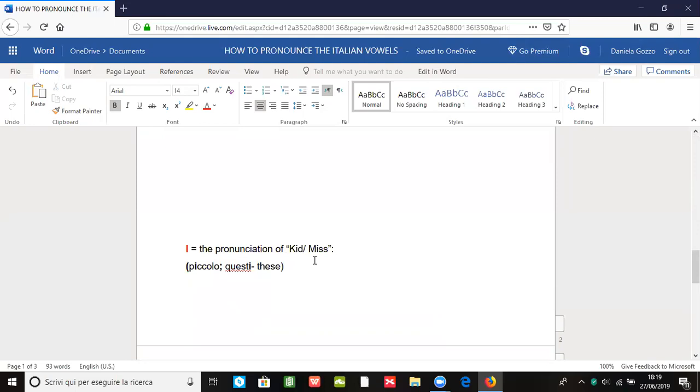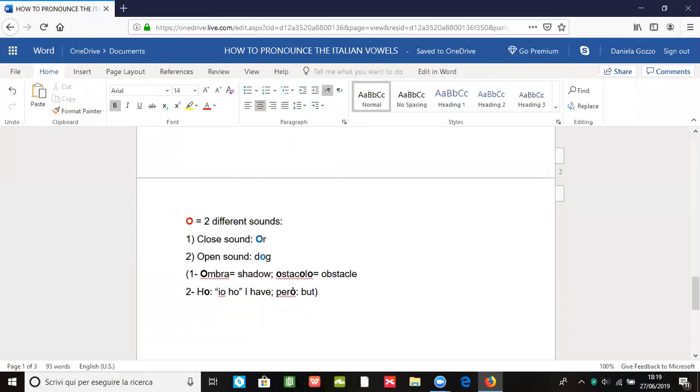Kid, miss, like in the Italian words piccolo, short and also young, or questi, these. Okay, remember the pronunciation in Italian of this vowel.